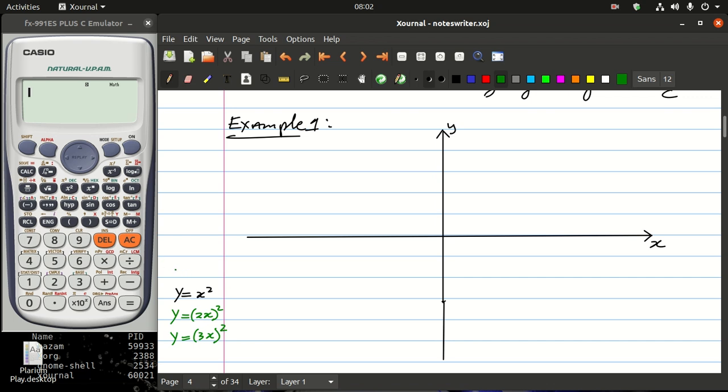On this side I also want you to have y is equal to (0.5x) squared, and then y is equal to (0.25x) squared.